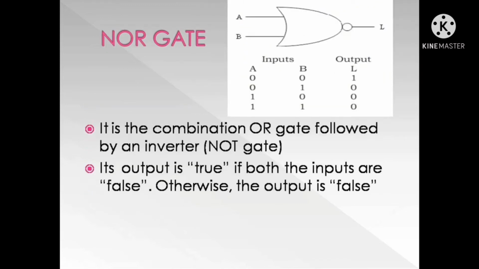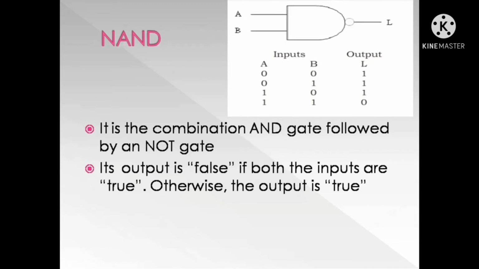NOR gate. The NOR gate is the combination of OR gate followed by an inverter. Its output is true if both inputs are false. Otherwise, the output is false. NAND gate operates as an AND gate followed by a NOT gate.